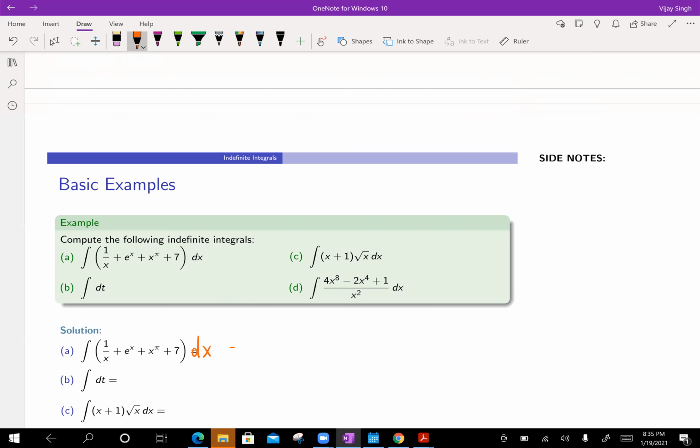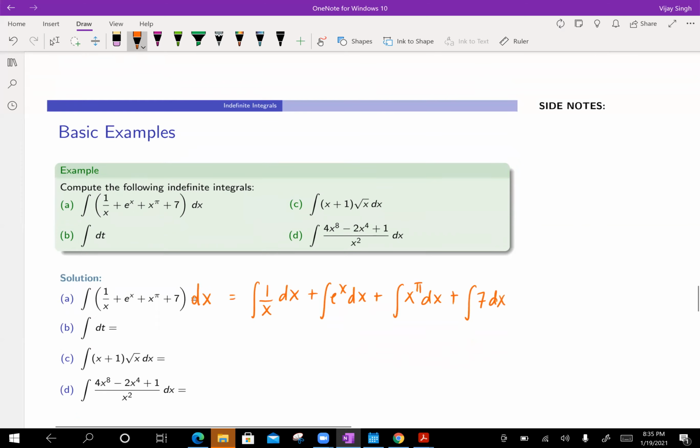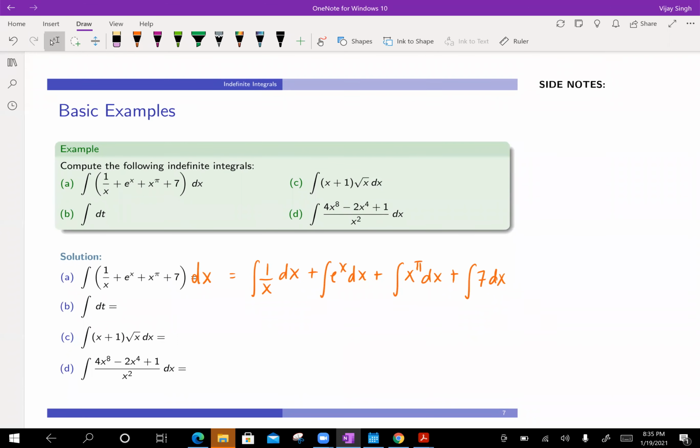So we get the integration of 1 by x dx plus the integration of e to the x dx plus the integration of x to the pi dx plus the integration of 7 dx. You can do it directly too. I'm just showing some steps here so that we have an idea of what's happening.